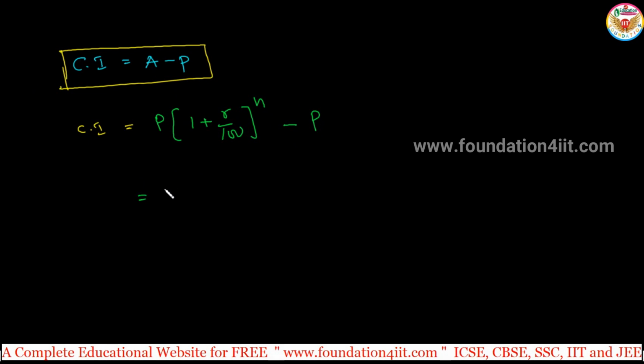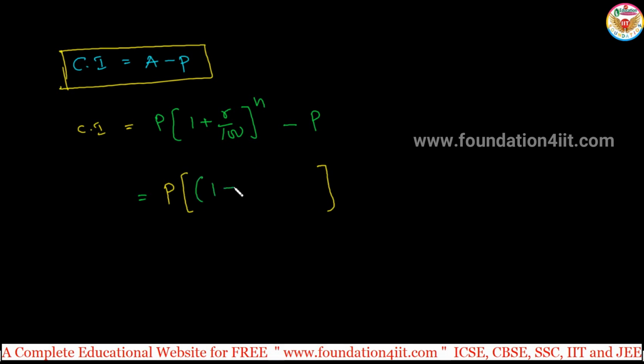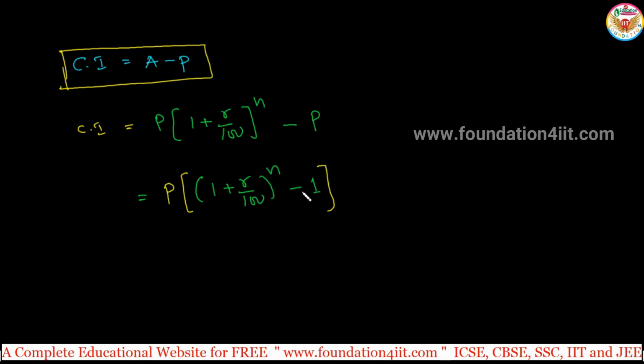After taking P common, in one bracket this remains: 1 plus r by 100 to the power n minus 1. So P into, in the bracket, 1 plus r by 100 to the power n minus 1. First calculate this, subtract 1 and multiply with P. This is to find the compound interest. So directly, if you want to find it, you can apply this.